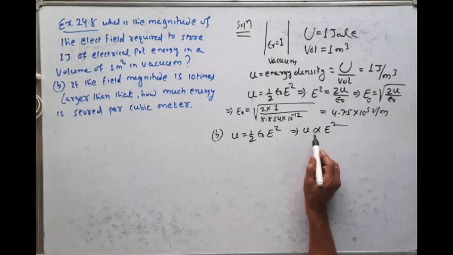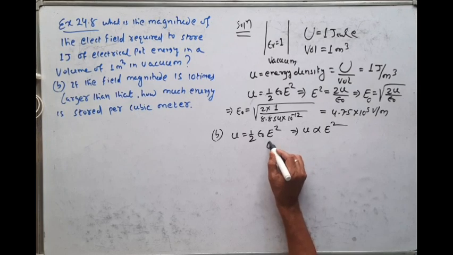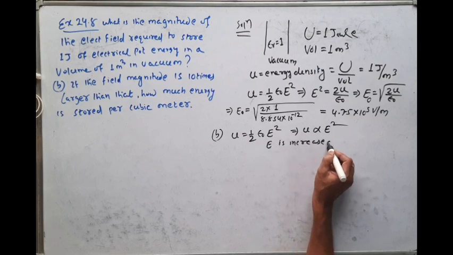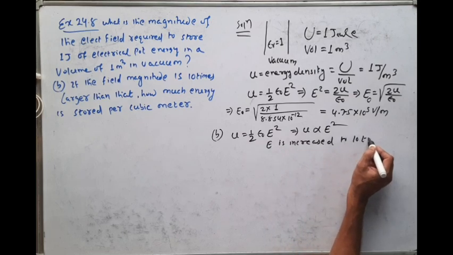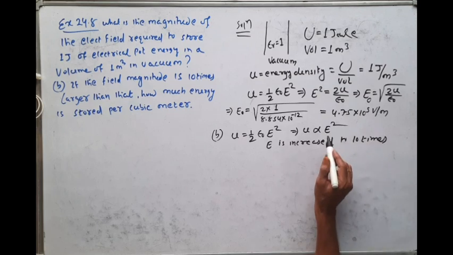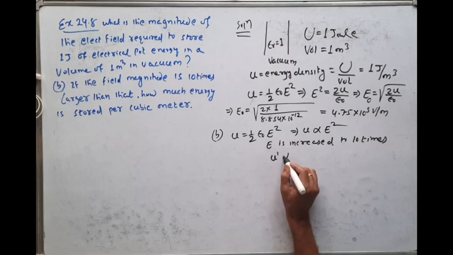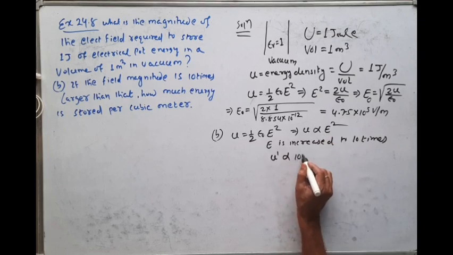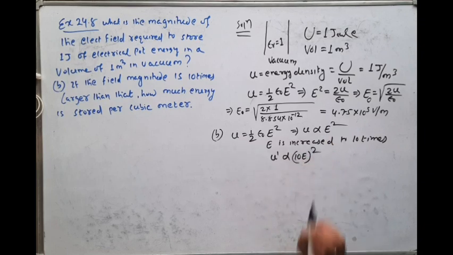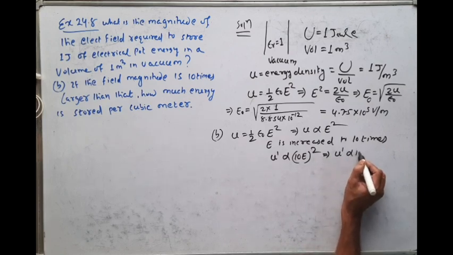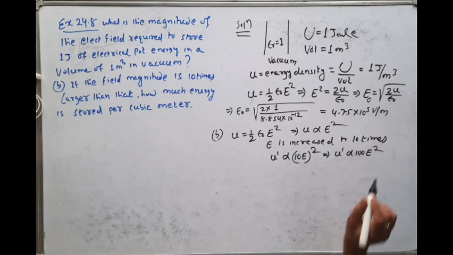So here the electric field is increased 10 times. So the new energy density will be proportional to 10 times E, whole square. That means U dash is proportional to 100 times E square.